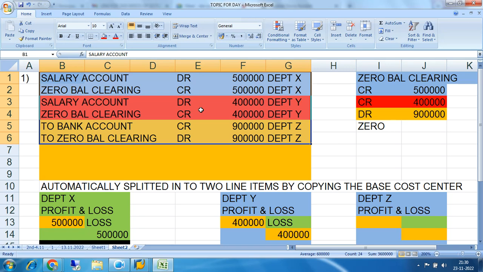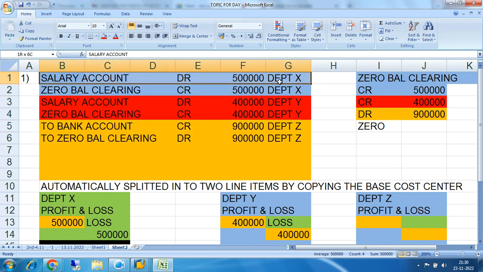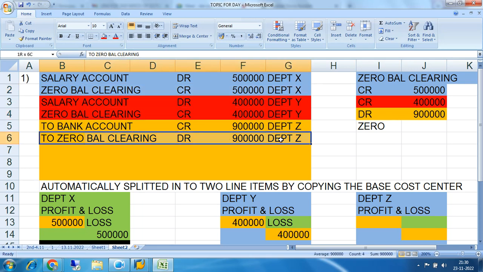Okay, how does document splitting happen? Because the user only passes this line item as well as this line item, but these additional line items are created due to the document splitting method.